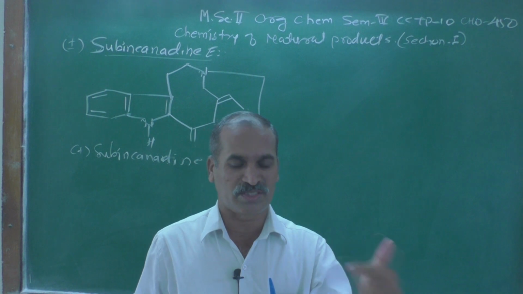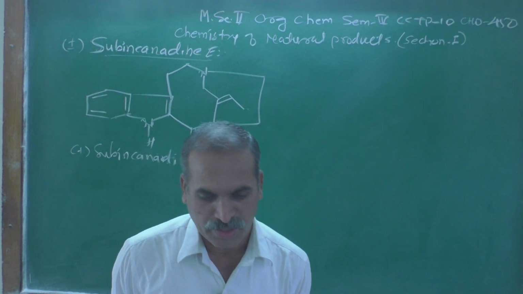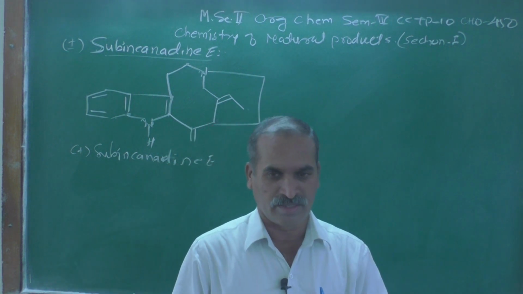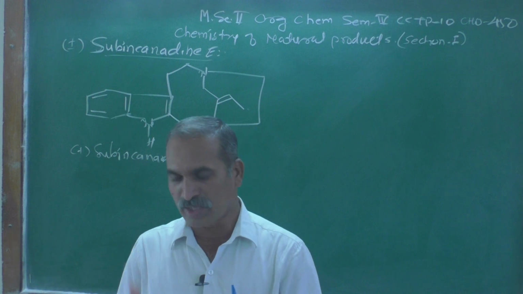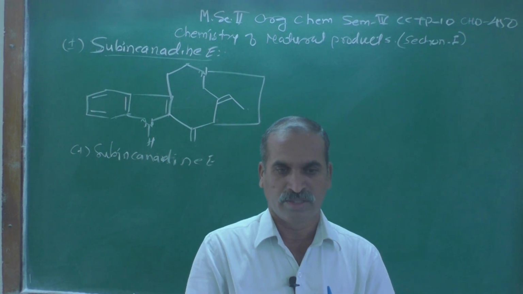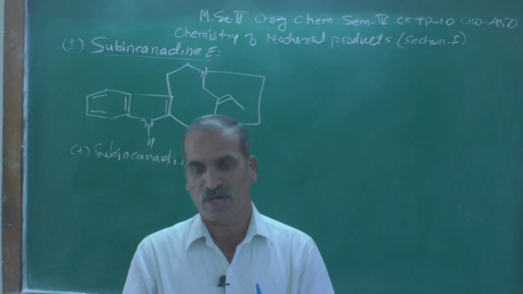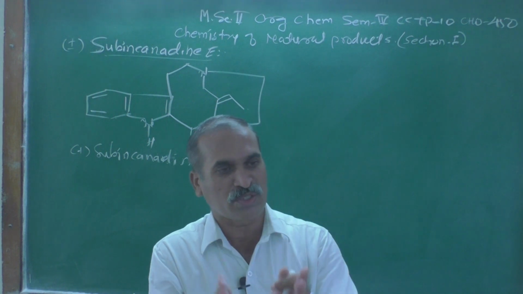and as we know, a target molecule means the molecule whose synthesis is being planned. And retrosynthetic analysis is one of the important terms used in a disconnection approach or retrosynthesis. Retrosynthesis means what?